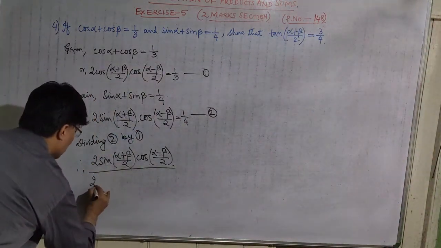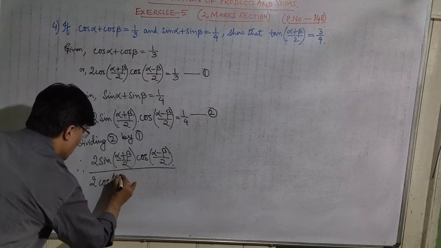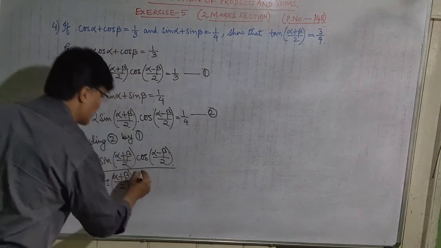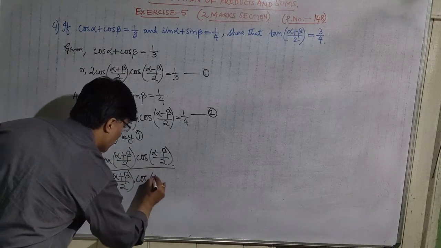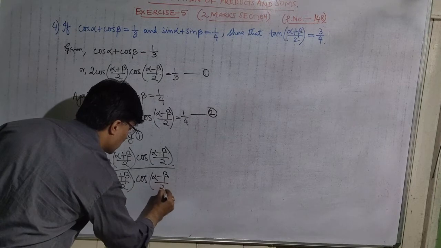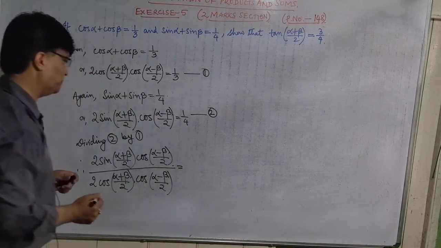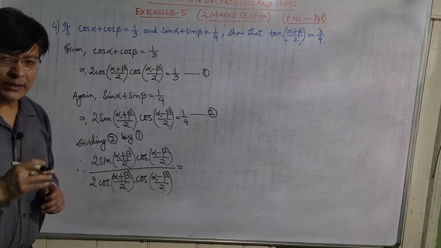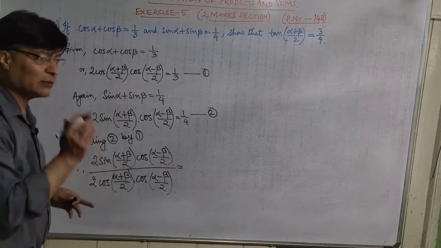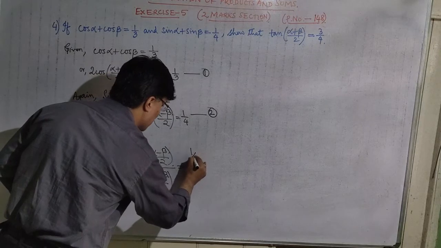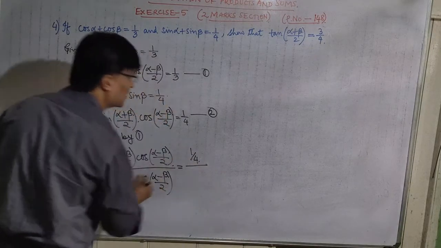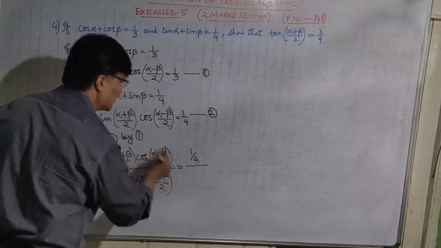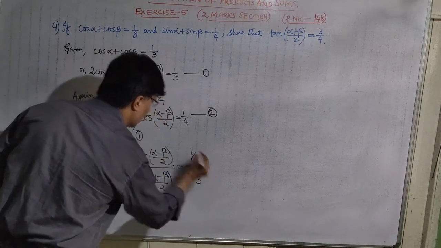That is 2 cos of (alpha plus beta) by 2 into cos of (alpha minus beta) by 2, which is equal to. So now since we are dividing 2 by 1, let us write the right hand side of number 2 in the numerator. That is 1/4 divided by, in the denominator you should write down right hand side of number 1. That is 1 upon 3.